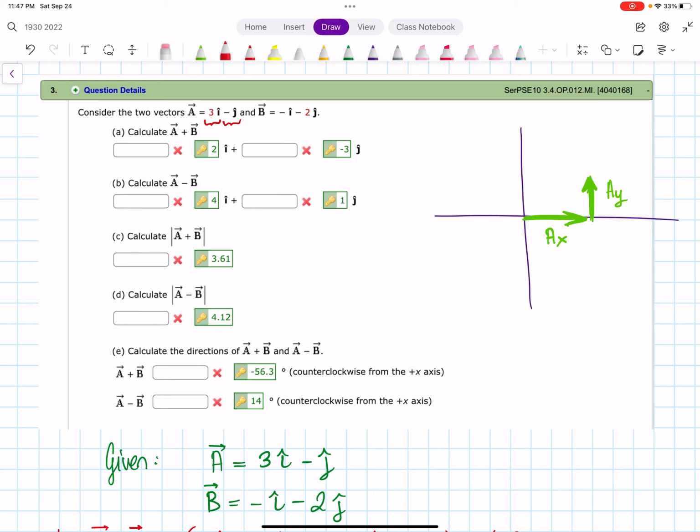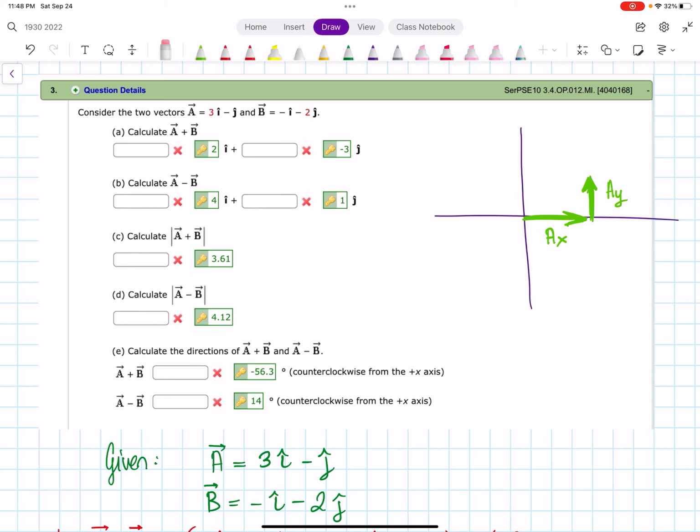Then vector B has an x component of -1 and a y component of -2. These symbols, i hat and j hat, you have to keep them because they're guiding you. They're telling you i hat is the horizontal component, and j hat is a symbol representing the vertical component. So far, so good?